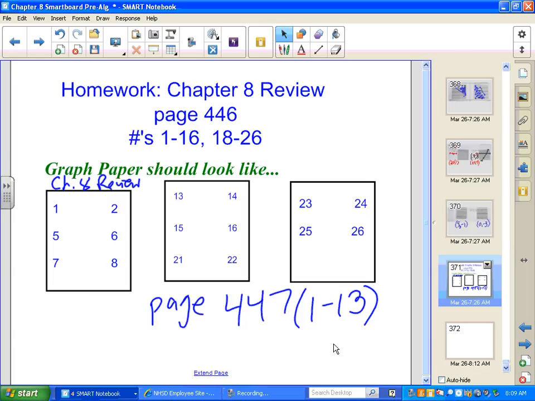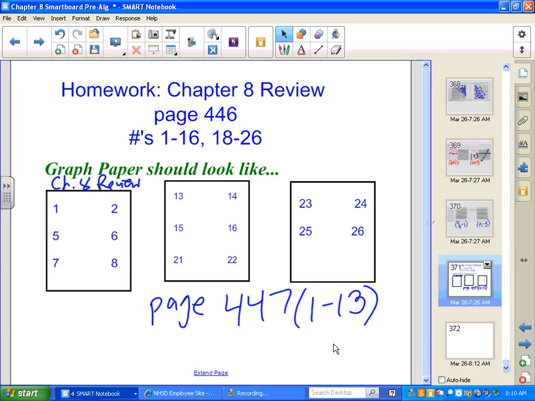So your graph paper. First thing I want you to do is put your name at the top of the graph paper. You should each have 2 pages. This goes with page 446. Some of these you're graphing, some you're not.